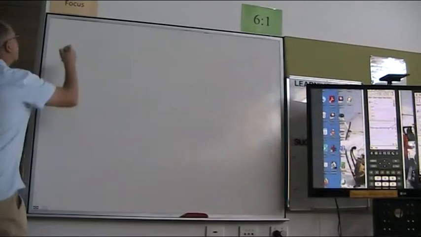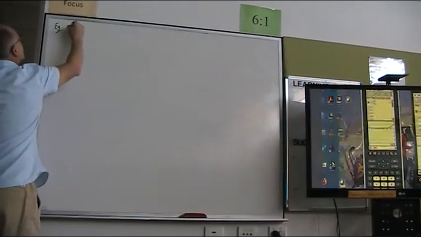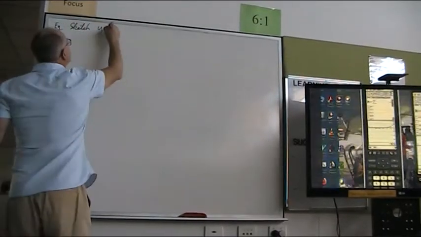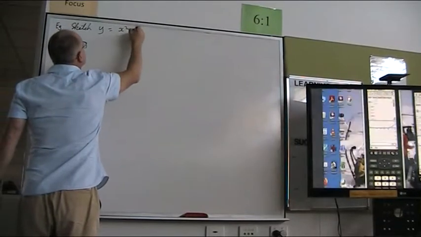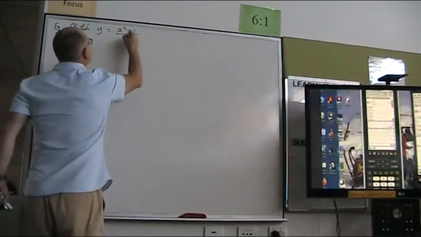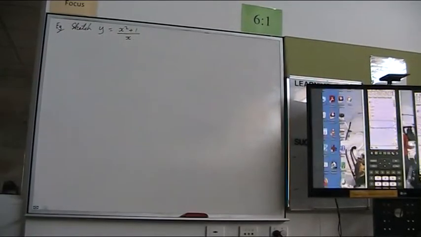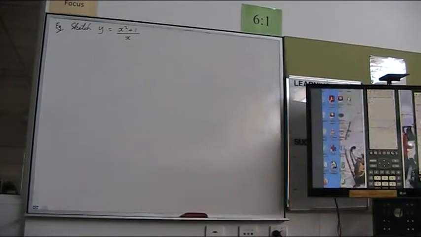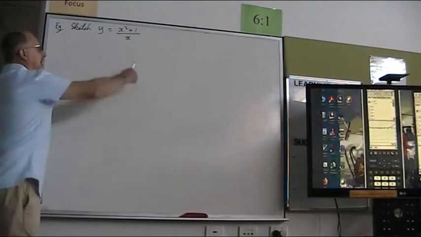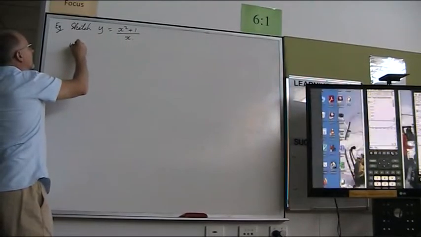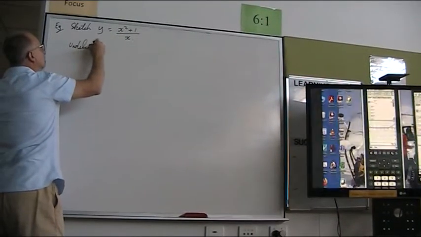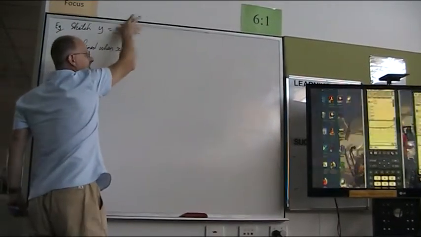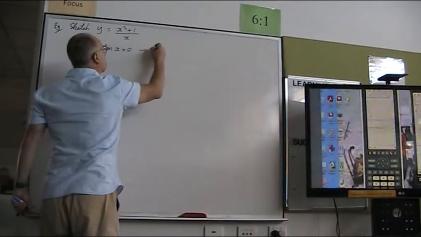So, example: x squared plus 1 over x. X can't be 0, so it's undefined. And at x equals 0, there's no cancelling out because you can't factorise that. So we've got an asymptote.